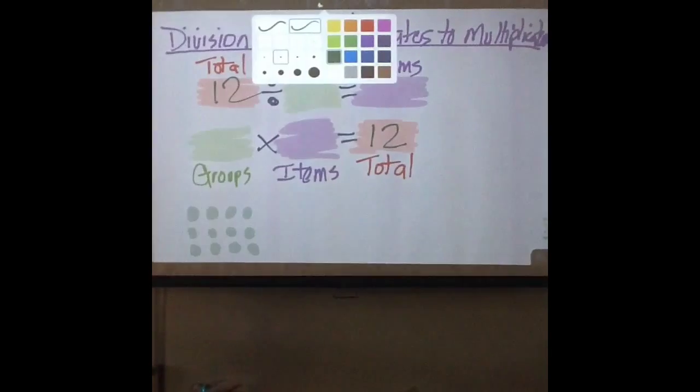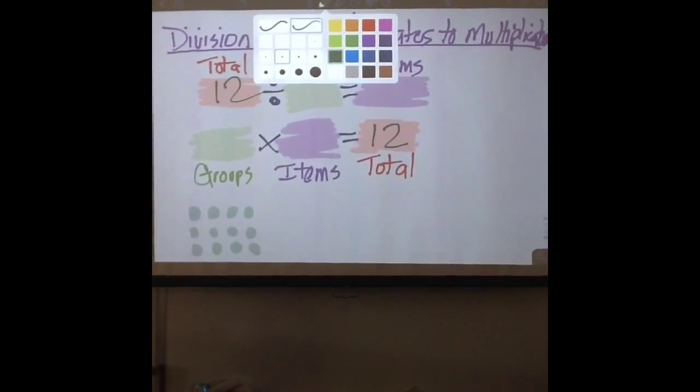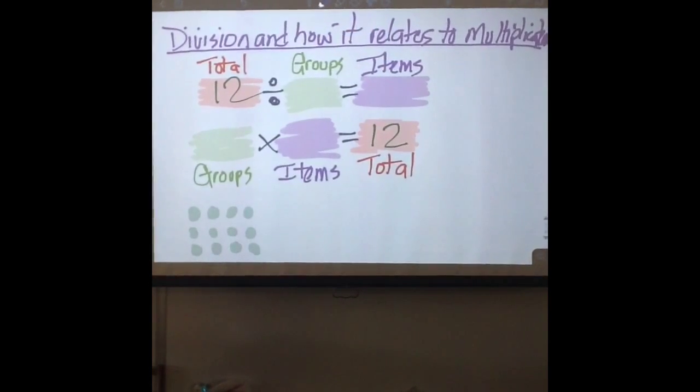All right. I'm going to change my color that I'm going to write inside the box. I think I'm going to go dark blue this time. All right. Well, how many groups do we want to make this time? We had 2 groups last time. Looking at these dots, can you see any way to make groups?